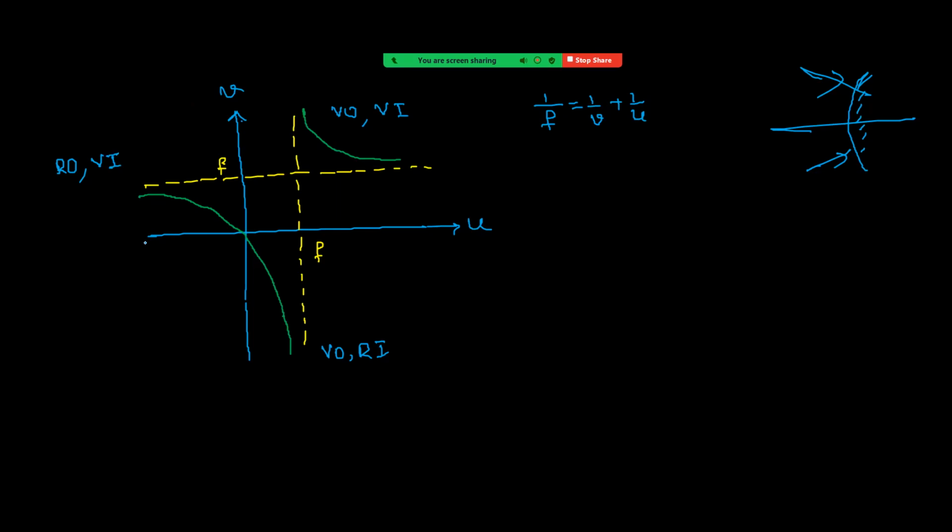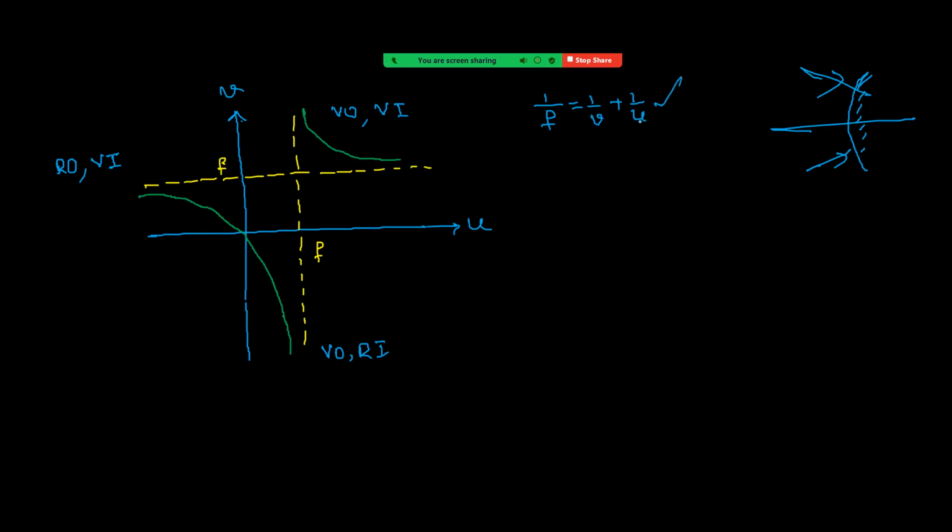So you can observe here, for u negative, the only possibility is virtual image. That is the only possibility because there is no graph in the third quadrant. That means for real object, we cannot get a real image, meaning v cannot be negative.